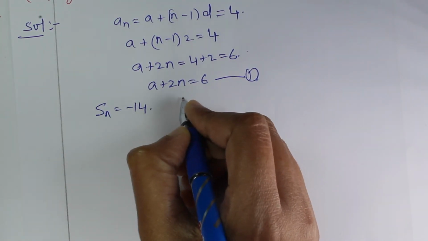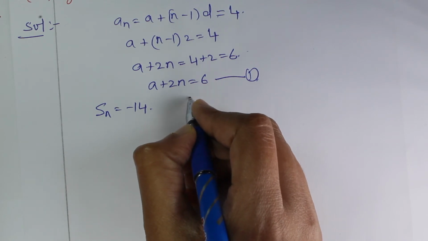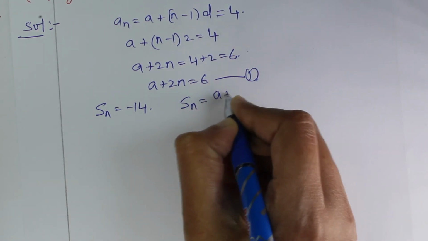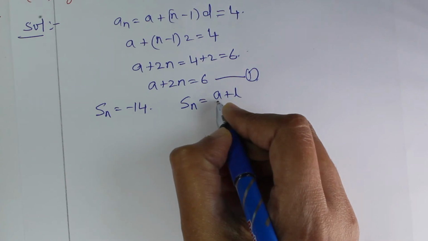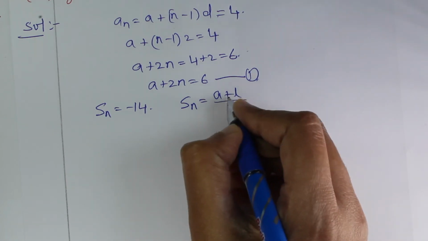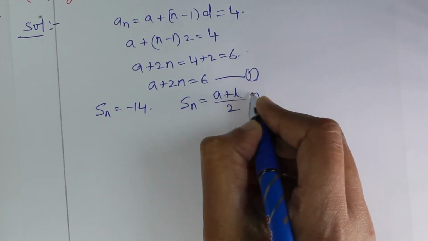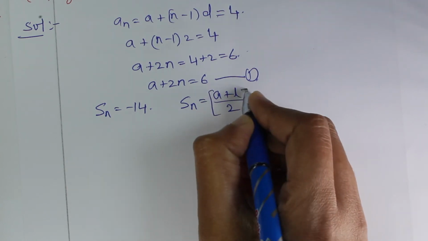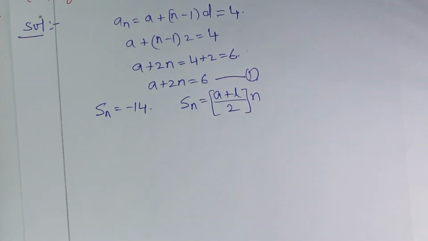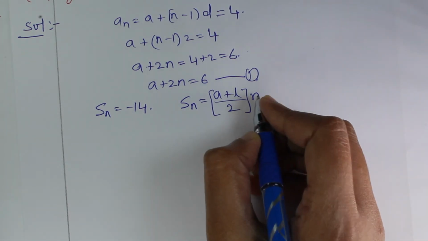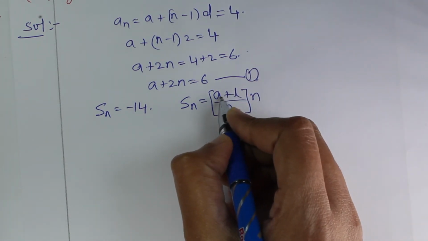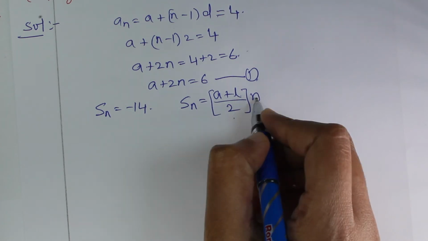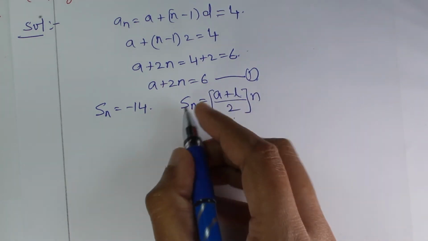We know the formula of Sn, right? Sn is equal to (a plus l) by 2 into n. Here a is the first term, l is the last term, and n is the number of terms in the series.